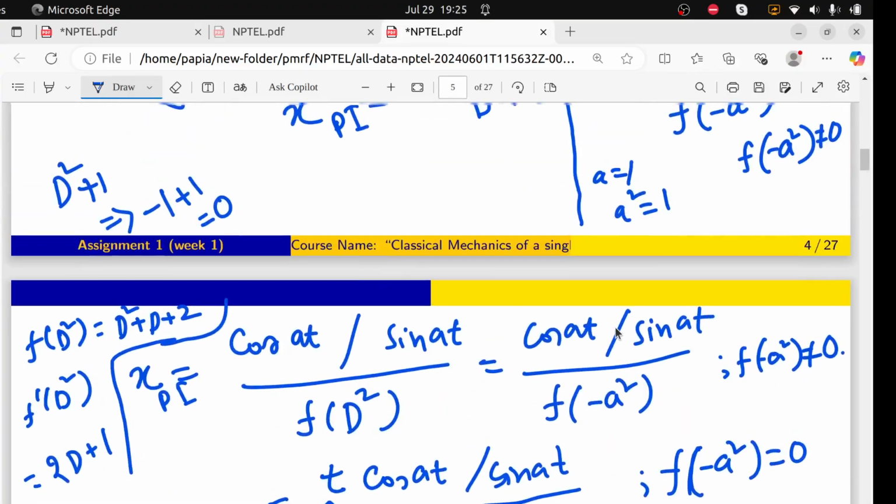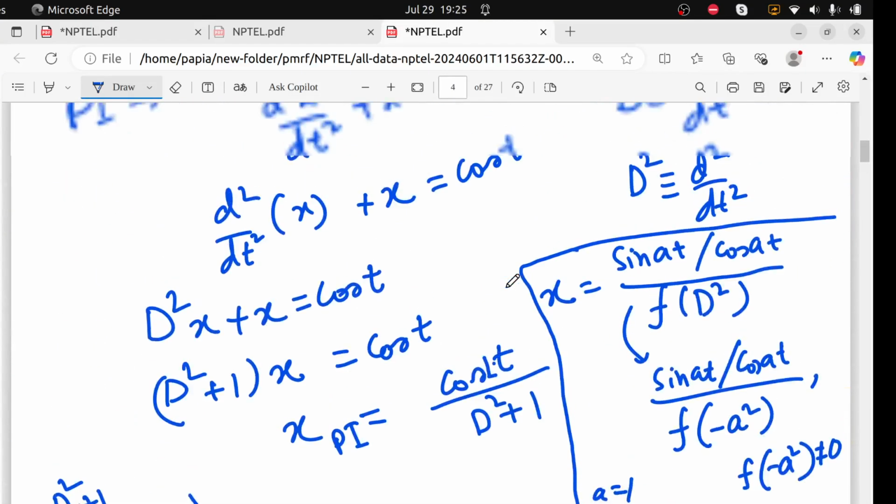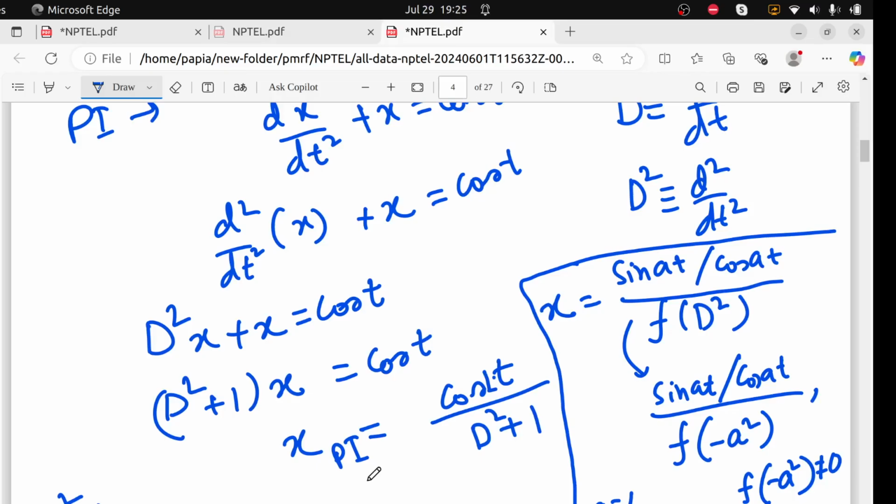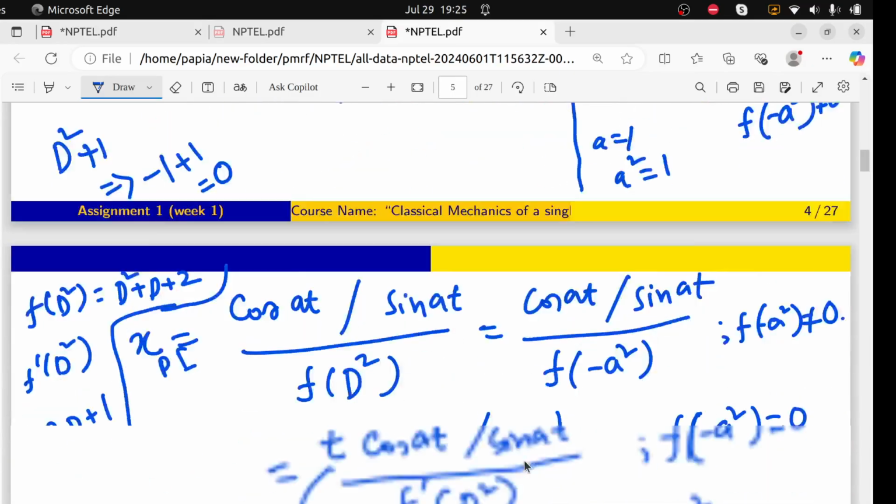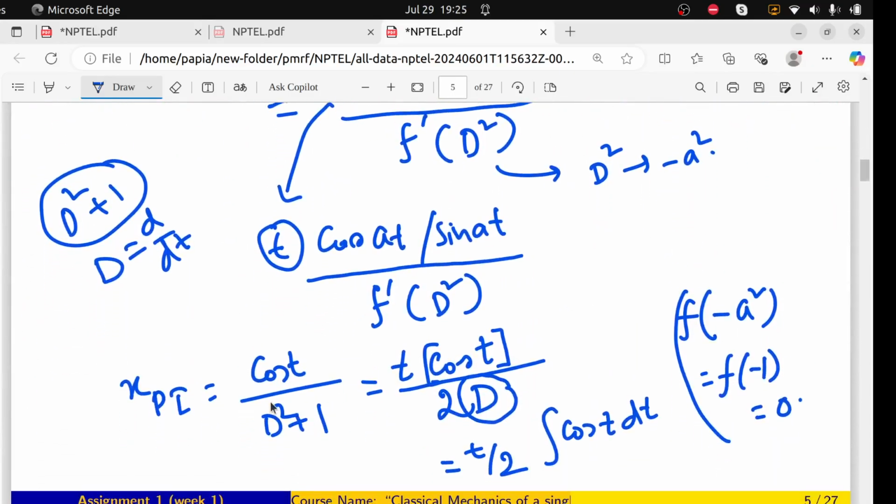Now, I am coming here to my case. In my case, xpi was cos t divided by d square plus 1. Okay, very good. So for the very first case I told that if f of minus a square is not equal to 0, then I just need to put simply d square as minus a square and my answer will be there.